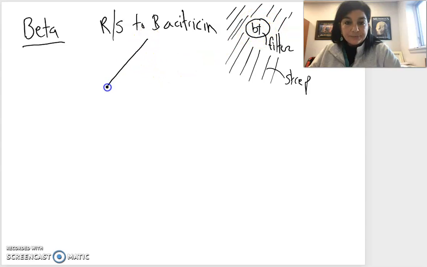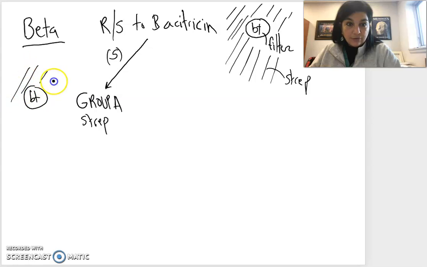Now, if it's sensitive to bacitracin, we are going to have that as being group A strep. What that means is that you have the filter, then you have your cells, but these group A cells were actually sensitive to that antibiotic.